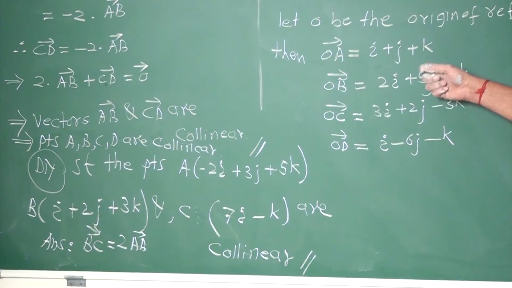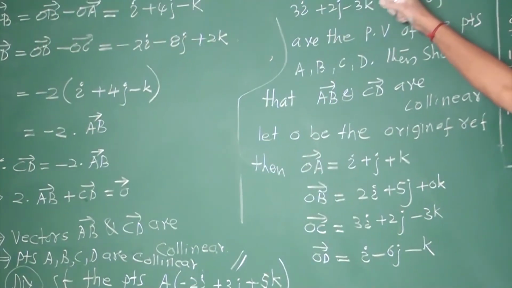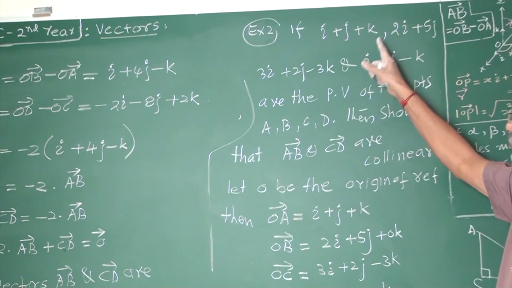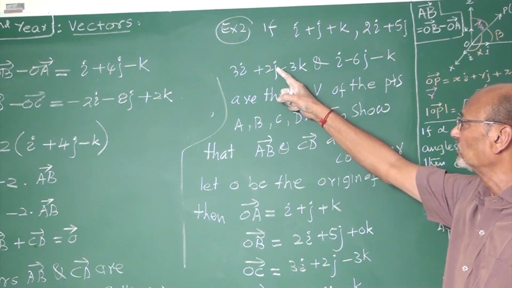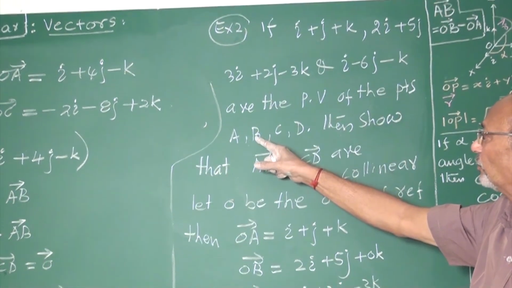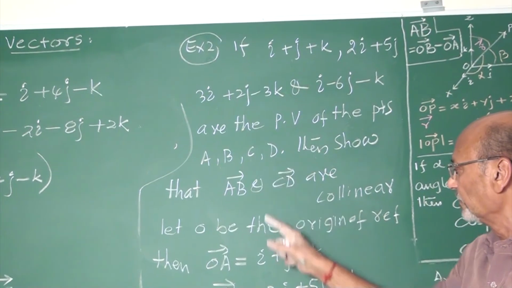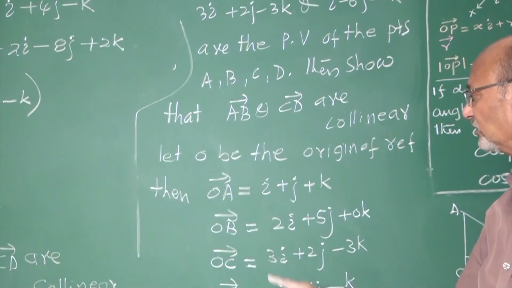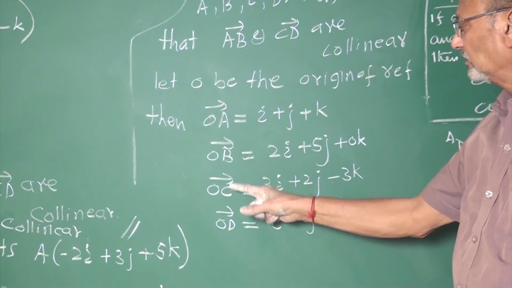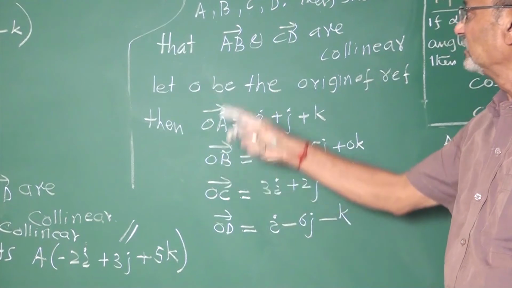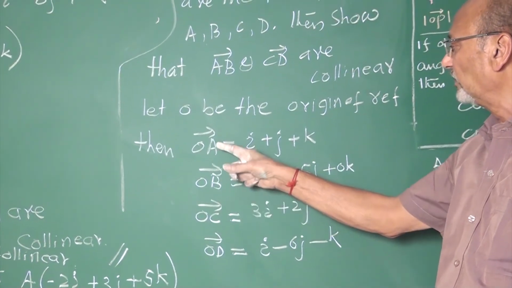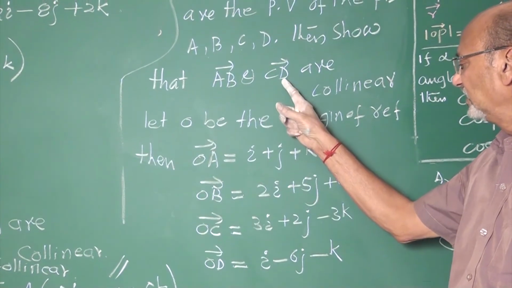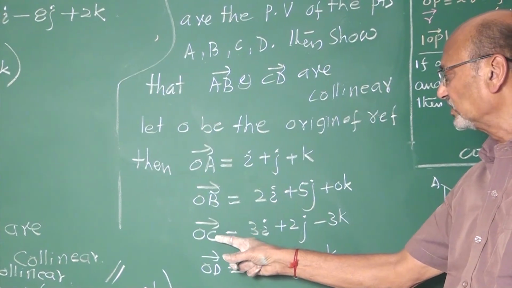In this case, the position vectors of all 4 points A, B, C, D are given. Then you write OA, OB, OC, OD, and find AB and CD: AB is OB minus OA, CD is OD minus OC.